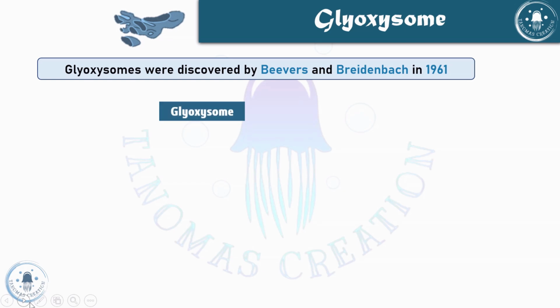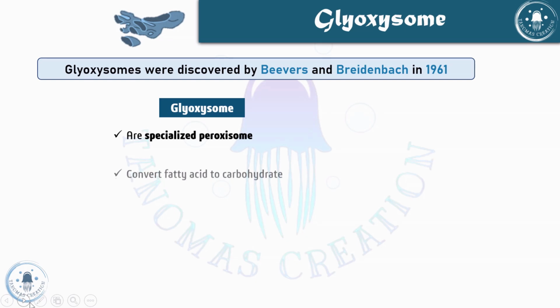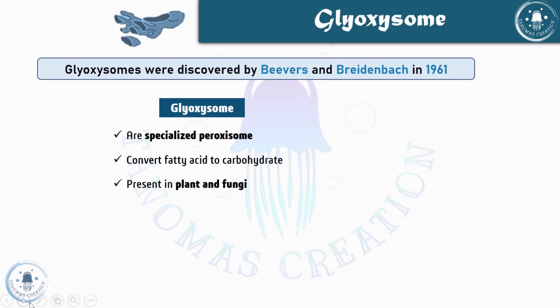Coming to the function, glyoxysomes are a type of peroxisome which are more advanced or more specialized, in order to remember. What does it do? It converts fatty acids to carbohydrate. It's present in plants and also in fungi.